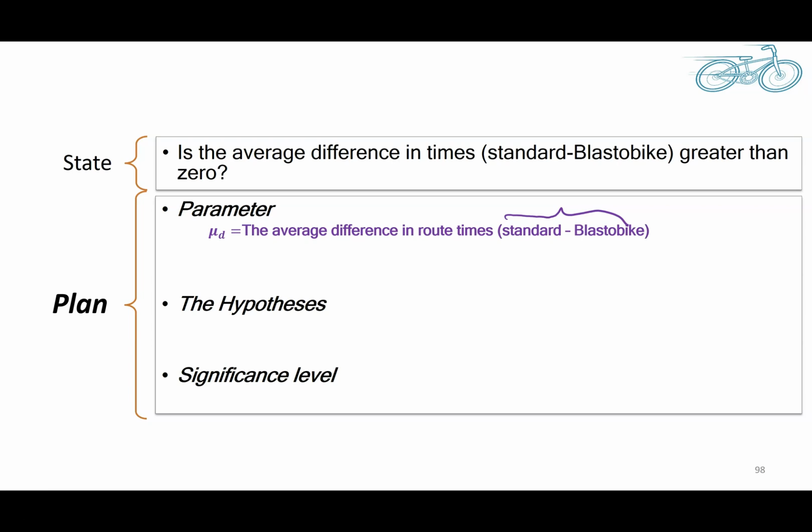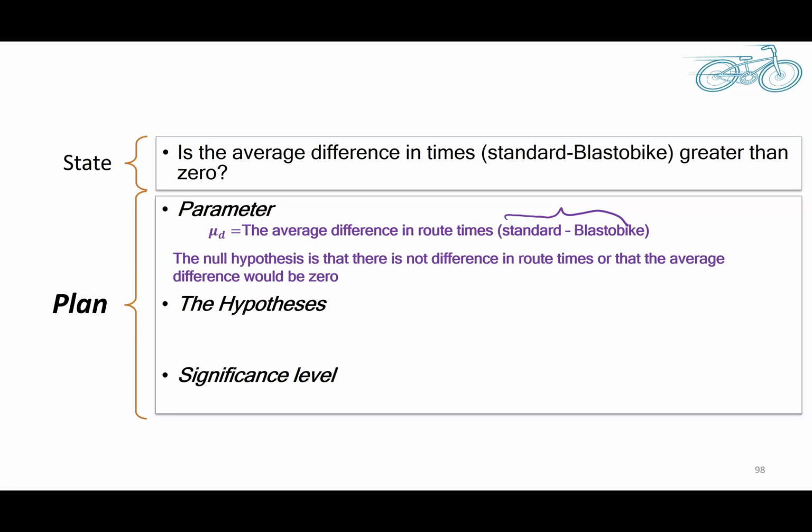It's perfectly okay if you subtract in the other direction, Blasto bike minus standard, but it needs to be written down. The only difference is that your t statistic will be negative instead of positive, but it should be identical every other way, except for your hypotheses, where the sign will flip.